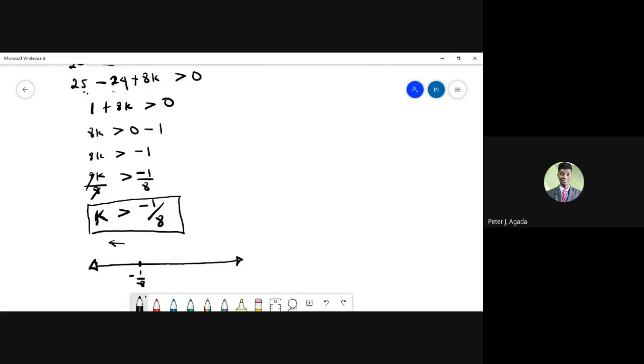Towards the left side, we know we're going to the negative side, and towards the right, we know we're going to the positive side. In other words, I can change this fraction to a decimal so I can also determine what the value would be. So it's going to be 0.125.